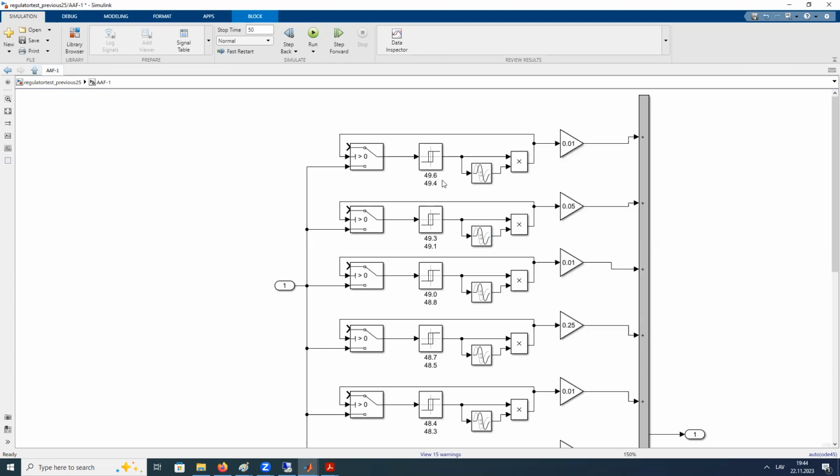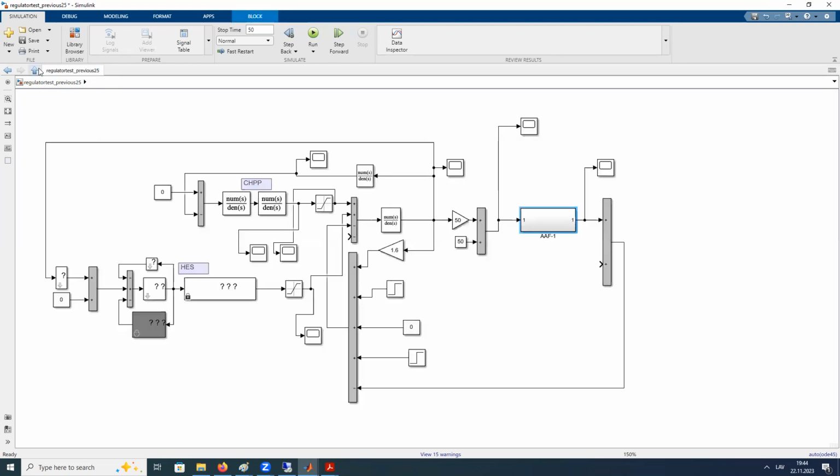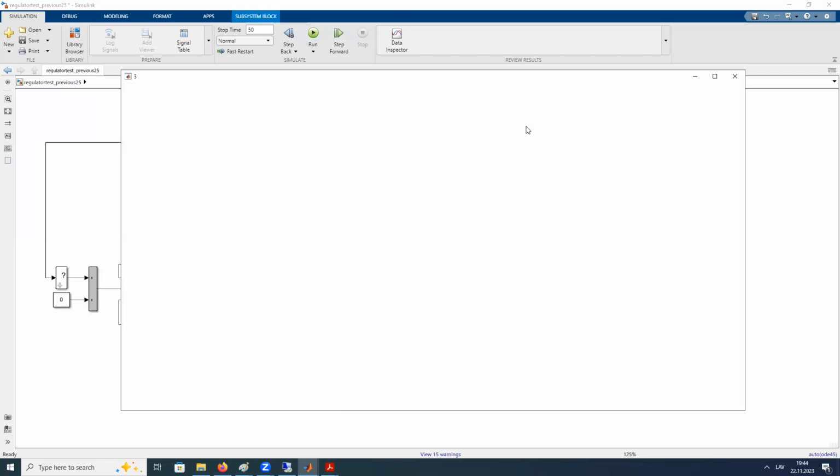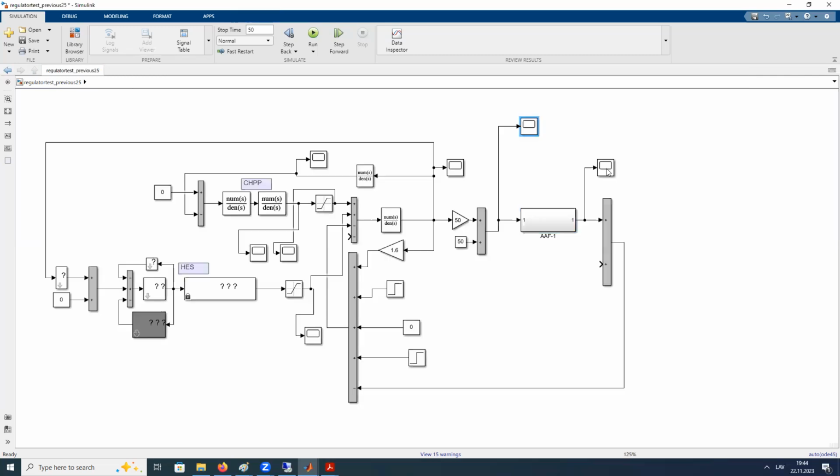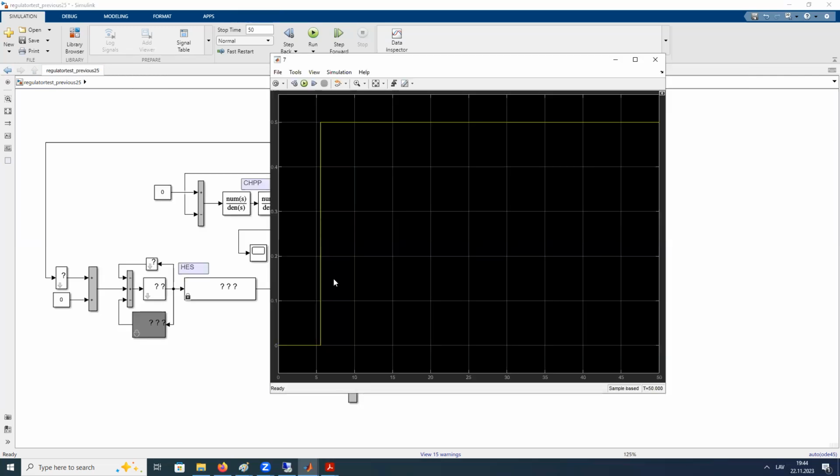So yes, the lowest one is the start set point. Here we could see the frequency, and here we got the result of operation. It was only one stage because 50% of load was connected to the first stage.